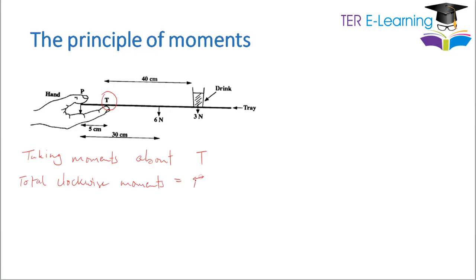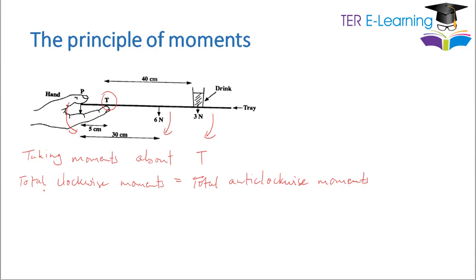So since we're using T as a pivot, we need to look at each of the forces and see what is happening. So the 6 Newton is going to be a clockwise moment. The 3 Newton is going to be a clockwise moment. And this force here that we want to find, where the thumb is pushing downwards, is actually moving this way. So therefore that's an anti-clockwise moment.